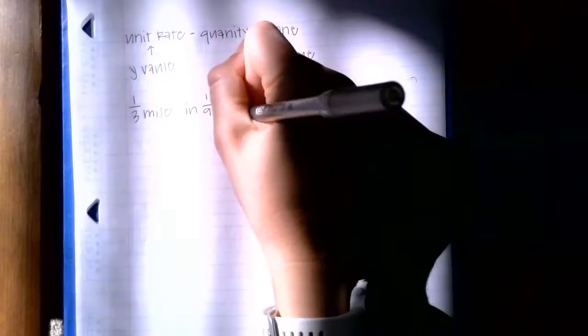And I know that my hours is my independent, or my x variable, or value. The reason I know this is because the longer Bryce rides, it will change the amount of miles that he's able to do. Or the shorter time Bryce rides his bike will then determine exactly how many miles he can go. So the miles would be the y value.